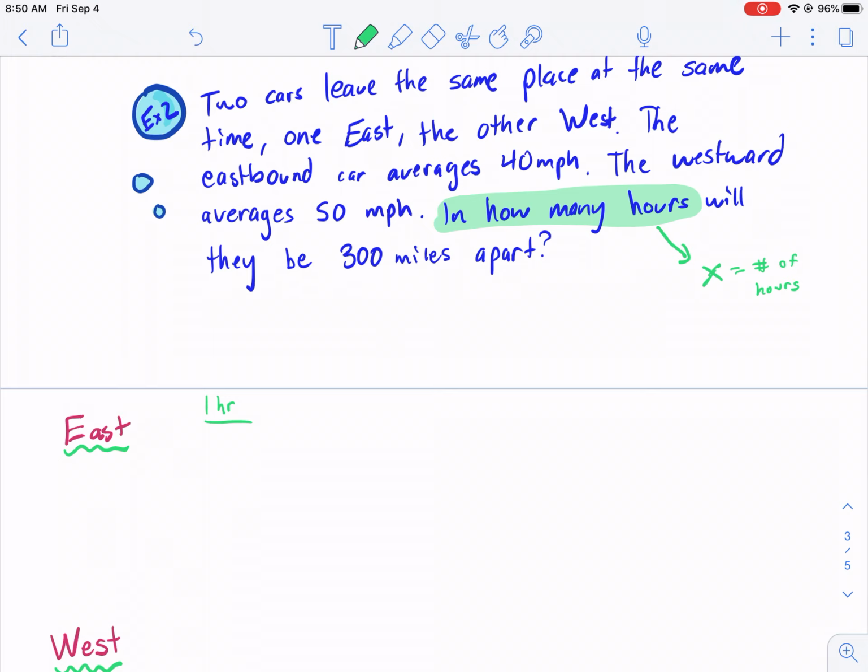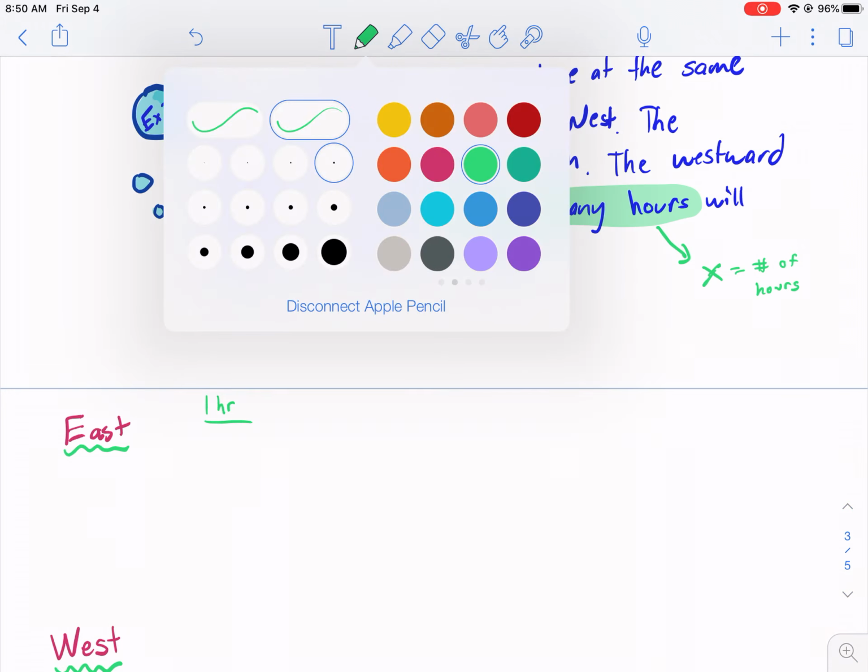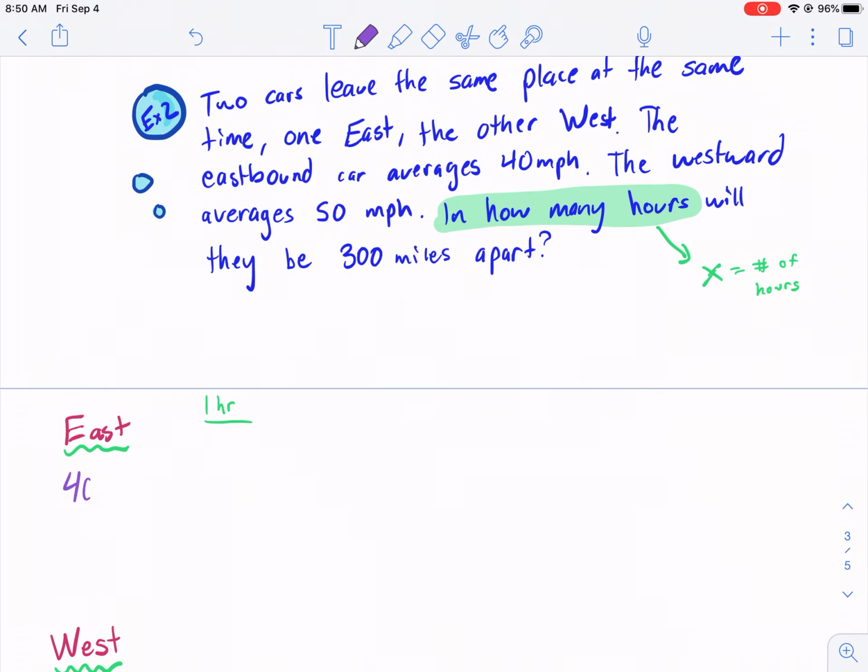So after 1 hour, this car is going 40 miles per hour. So we're going to find our distance here. Our distance is one of the variables we have. We know that the distance needs to be 300 miles.